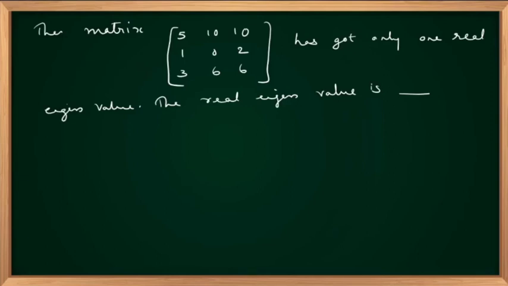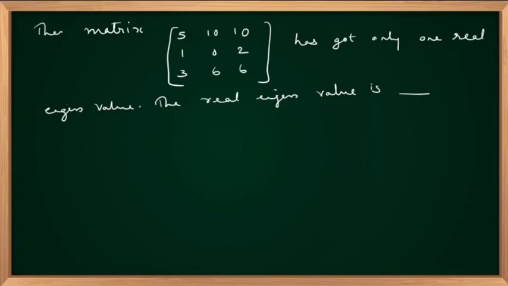The trace is 11. That is correct. The trace, the sum of diagonal elements, is correct, but that is not an eigenvalue. The determinant is 0, correct? Yes, the determinant is 0. So Richard, you made a mistake.